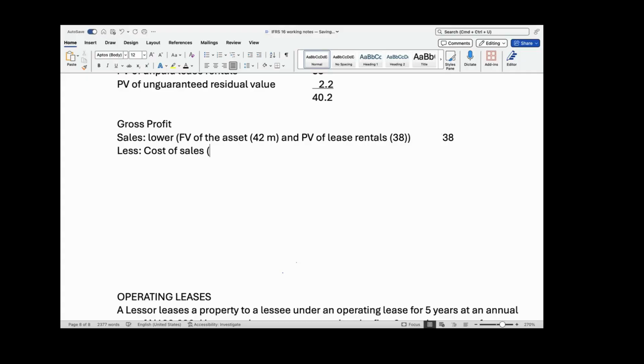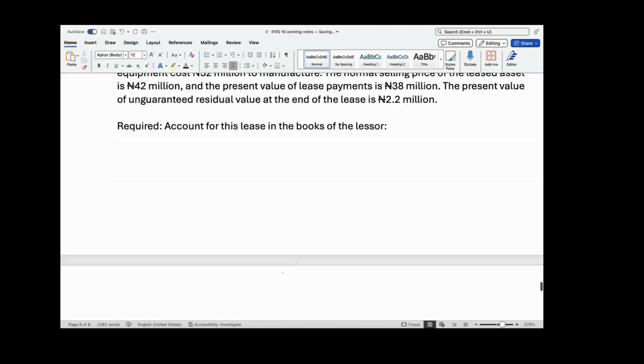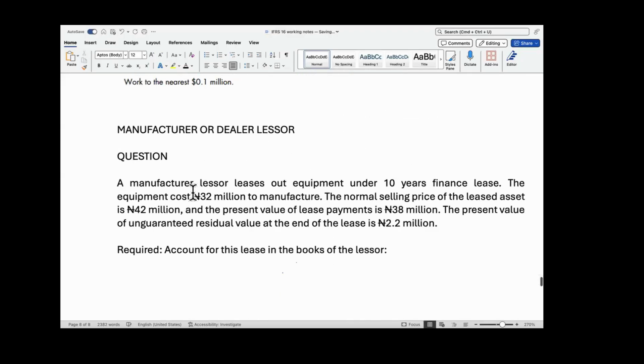The cost of sales is the cost of the assets. What is the cost of the assets?